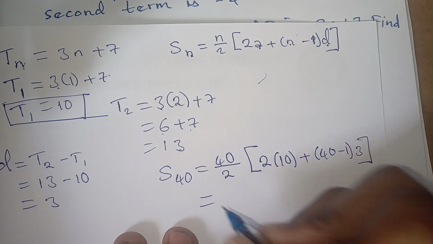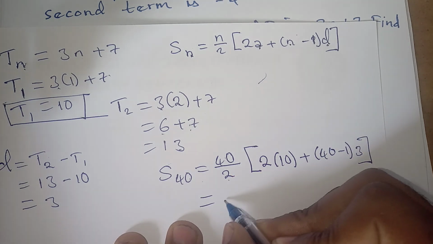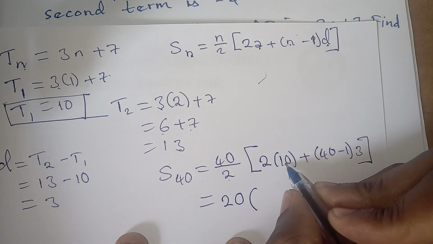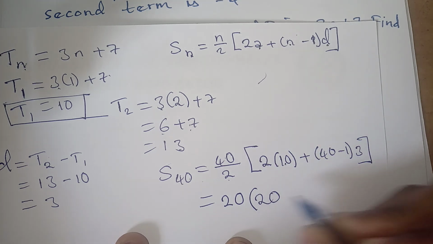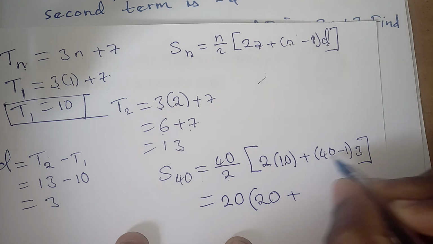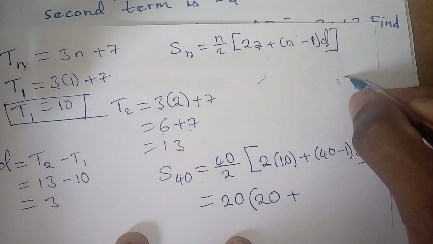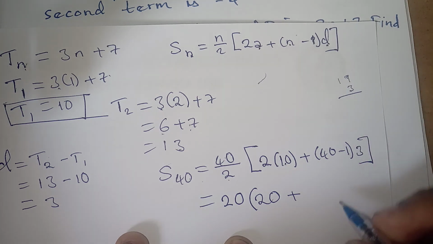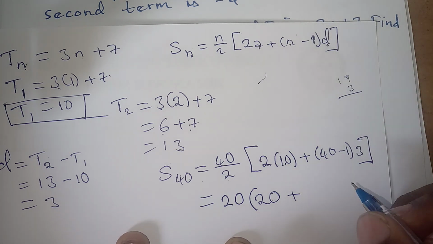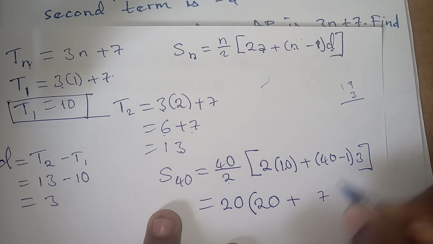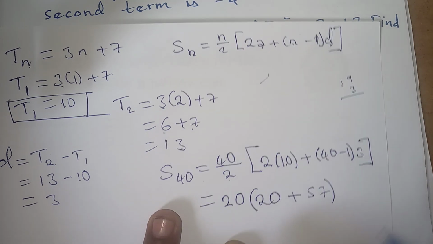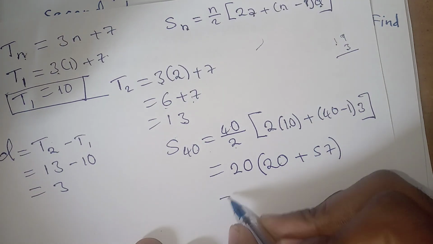This into this will be 20, and then 2 times 10 is 20 again, then 40 minus 1 is 19 times 3. 3 times 9 is 27, so that would be 57, I think.